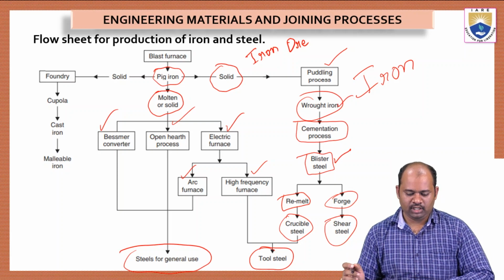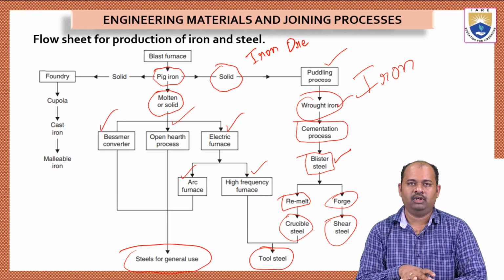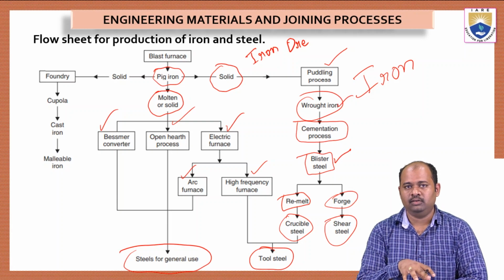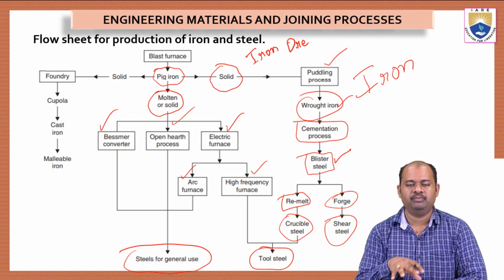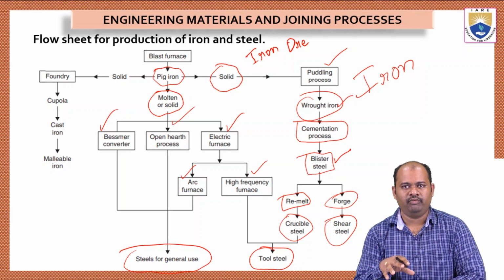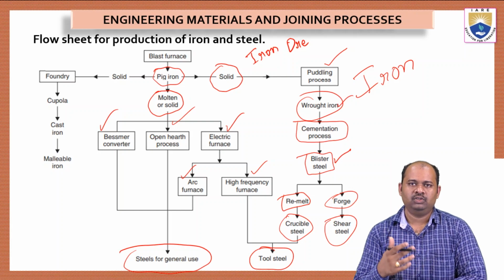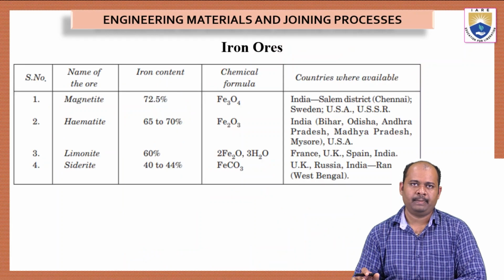So this is the flow sheet of the production of iron and steel from iron ore. From raw material we are producing some very hard and very important metals of iron, that means different forms of steels. These steels will have multiple applications in a wide range of engineering fields.